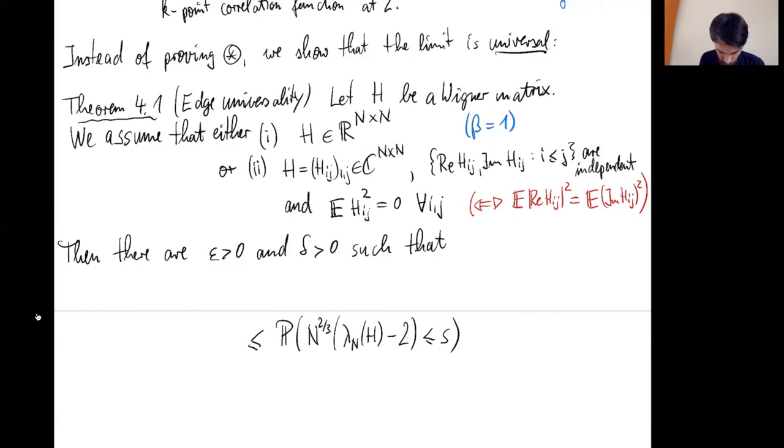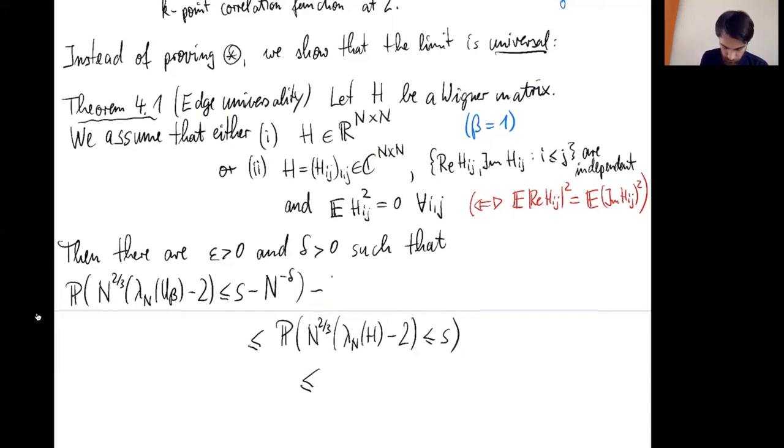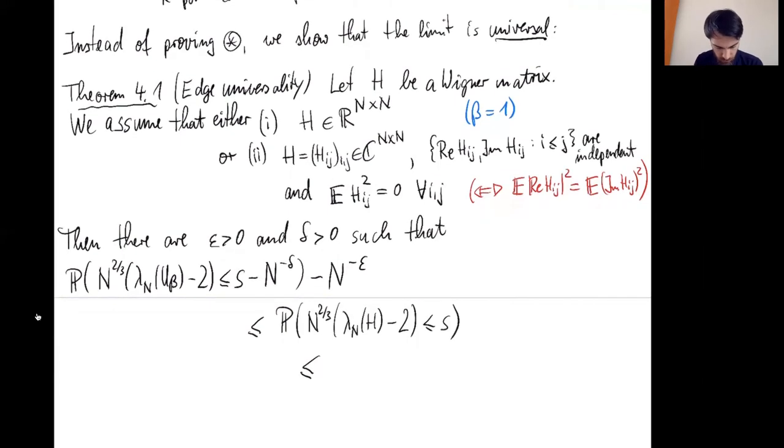And I will do that in 2 steps. Namely, I will have an upper and a lower bound, which will look as follows. So I have the same expression, but with U beta. This is smaller than S minus, and now I get the first error term, n to the minus delta, minus n to the minus epsilon.